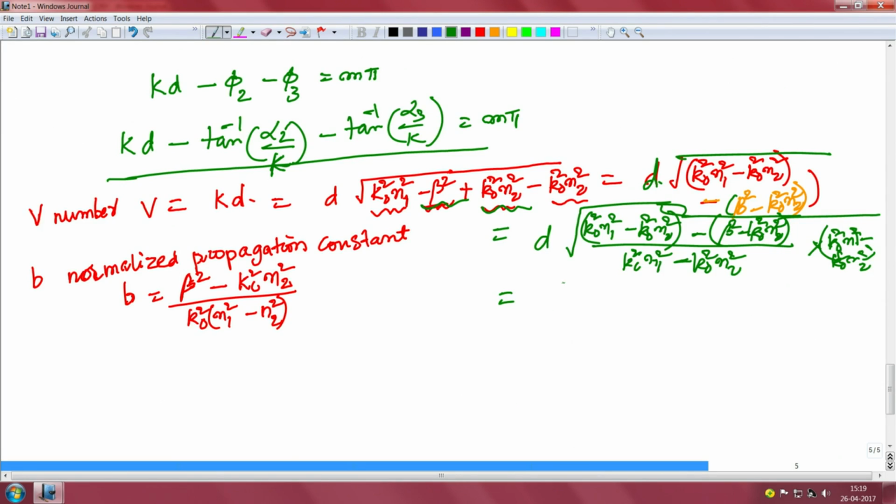So, this can be written as d times the square root of 1 minus small b, times k0, and n1 square minus n2 square.